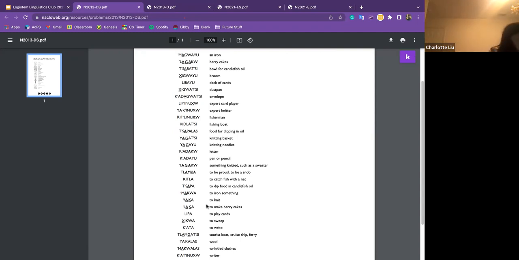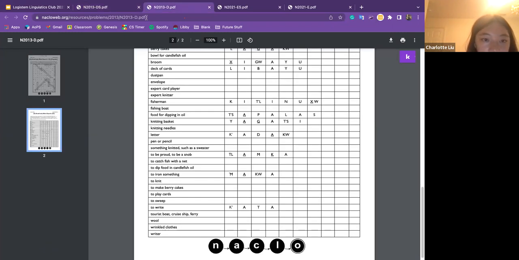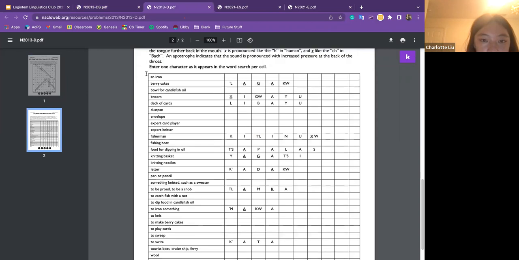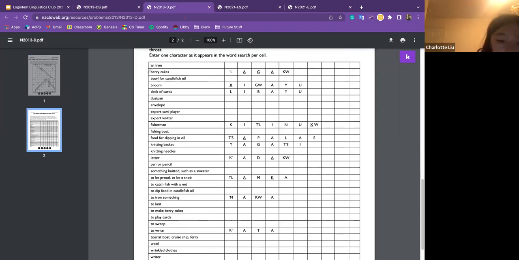The most important thing to do here is to group all of them into similar words. So here we have an iron, and then to iron something, and then wrinkled clothes. Those are all similar and related.